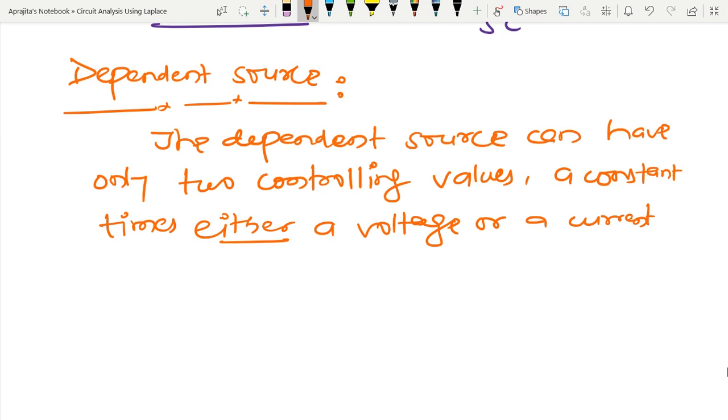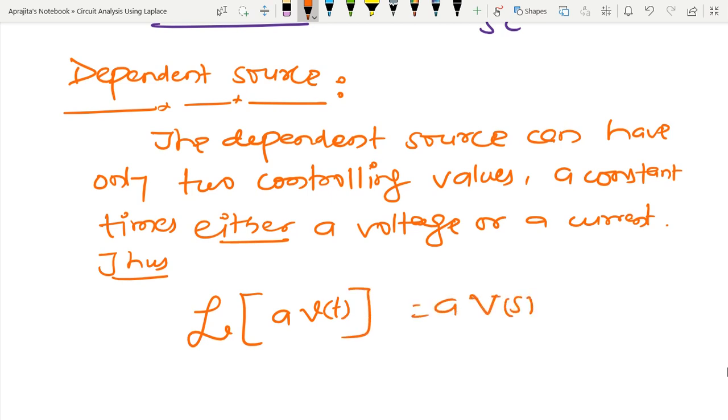So basically I have just two situations. Thus I can calculate the Laplace transform. Suppose some voltage is V and this is a constant, so due to that reason I have this. So basically it is also pretty easy to deal with the dependent source in the case of the S domain or Laplace domain.